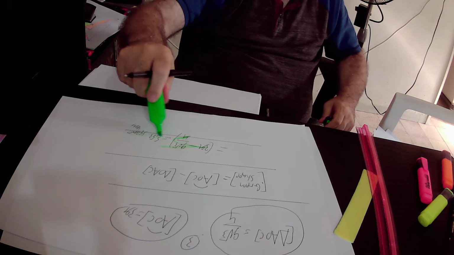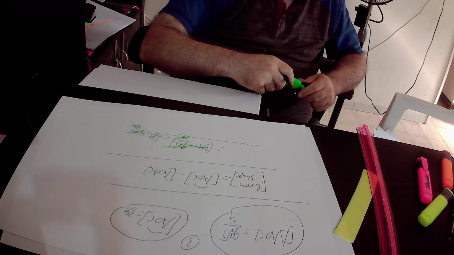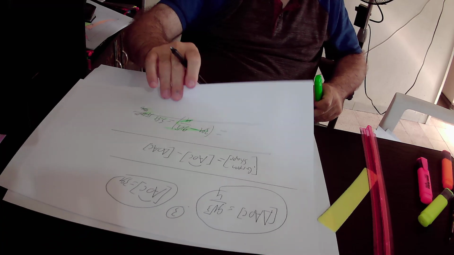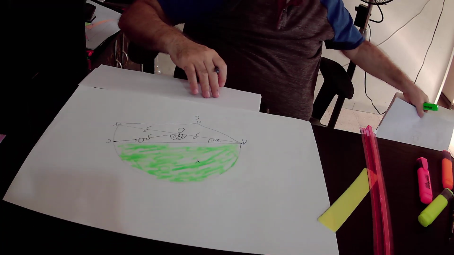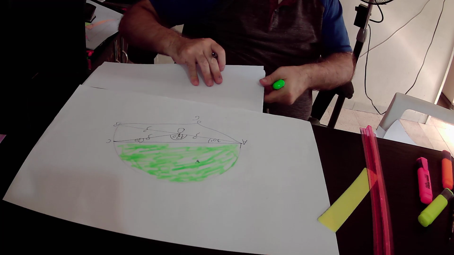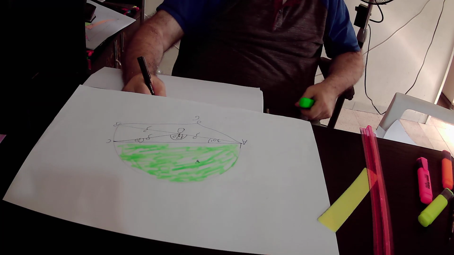So we finished the first method. In the next step, I'll present to you how to find out the area of this green shape according to the second method.